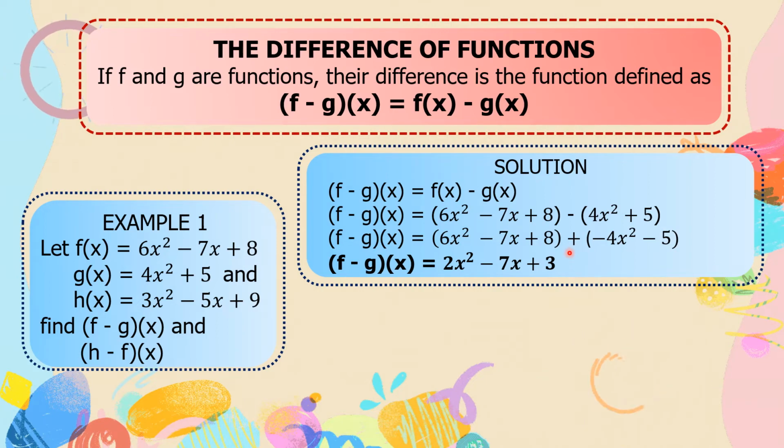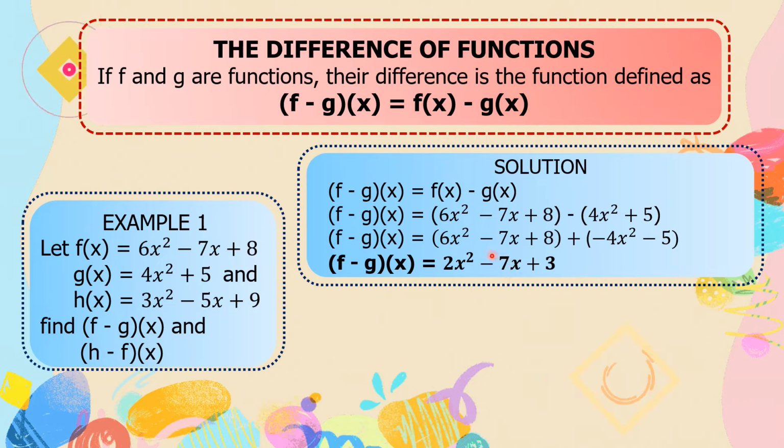Pag sinabing similar terms, pareho ang variable at exponent. So, as you can see, pareho ang variable at exponent ng 6x squared at negative 4x squared. So, let's add 6x squared plus negative 4x squared is equal to positive 2x squared.